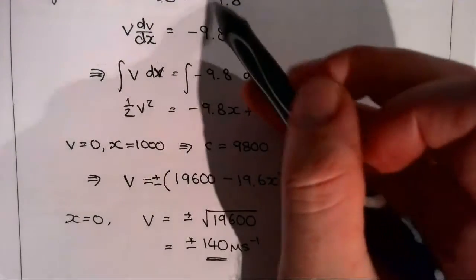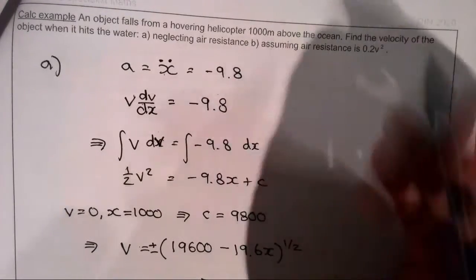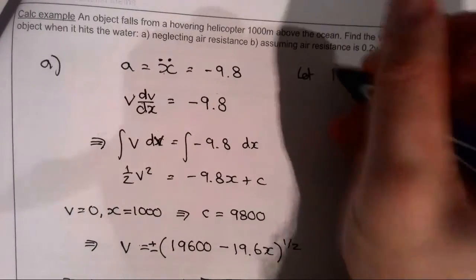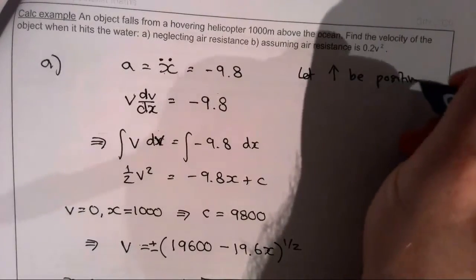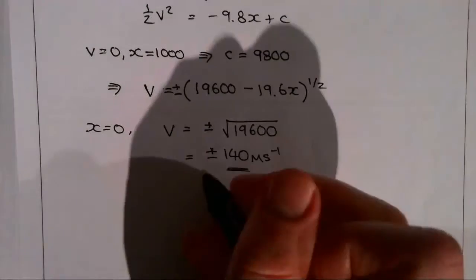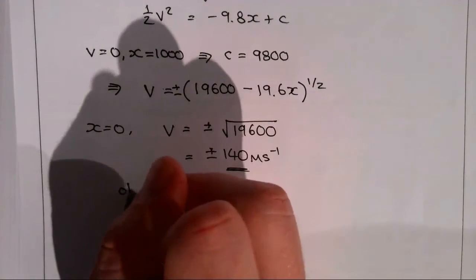At the beginning here I made a choice when I said that g is minus 9.8 that I was still defining the upwards direction to be positive, which means that when I make this decision at this point I've got to say that the object is falling.